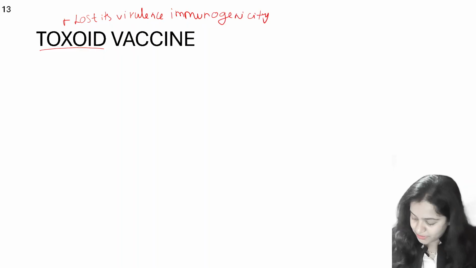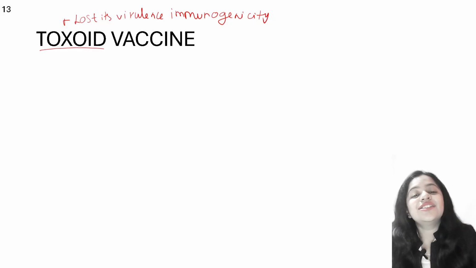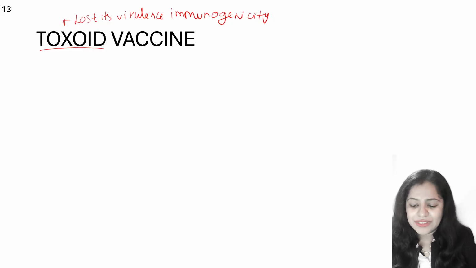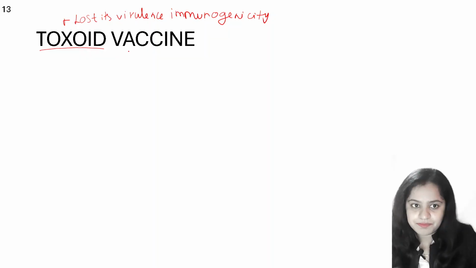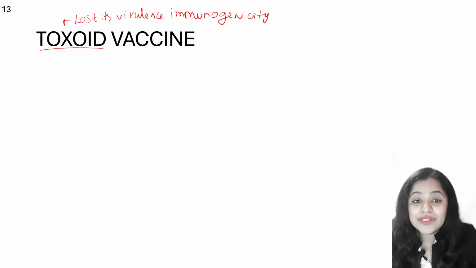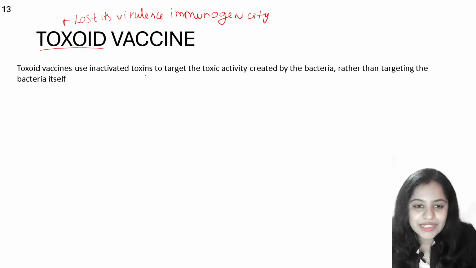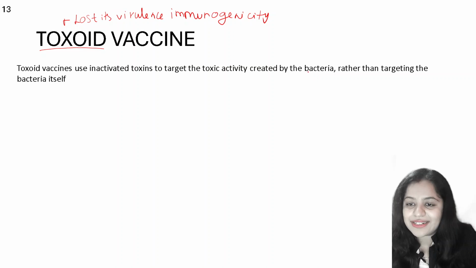In simple words, you can say that it has lost its power to attack. So it has lost its power to cause any harm, but it can still stimulate your immune system. Clear? So it can still train your immune system. Toxoid vaccines use inactivated toxins to target toxic activity created by the bacteria rather than targeting the bacteria itself.